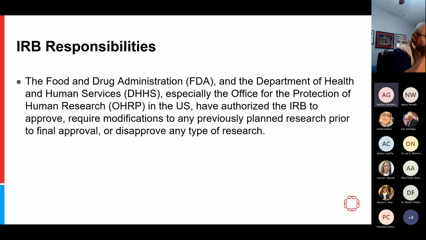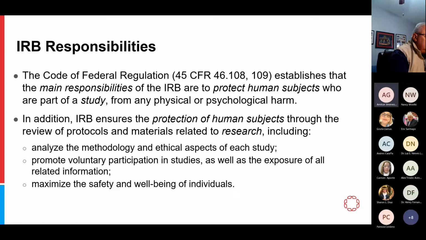Okay, and it has happened. The Code of Federal Regulations establishes that the main responsibilities of the IRB are to protect human subjects who are part of a study from any physical or psychological harm.